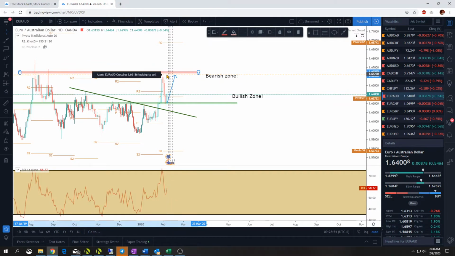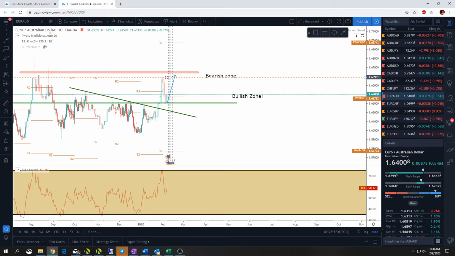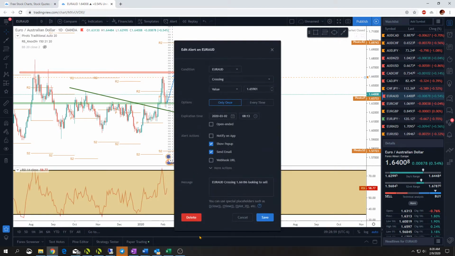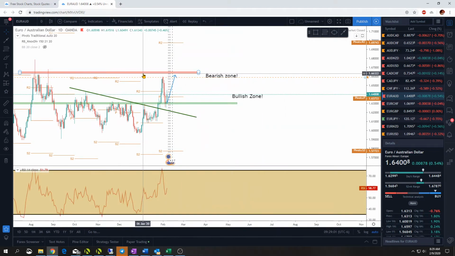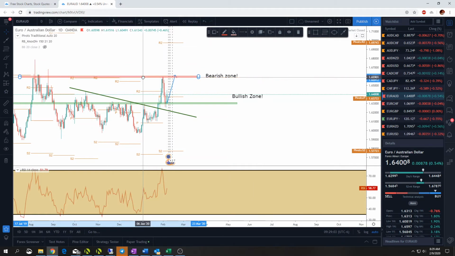Ooh, I don't want to move that. I want to move my alert down to there. Save. So now that's what I'm looking for. However, this is primed, ready for a long right out. The only thing that is kind of messing me up with the long is this was last week's pivot.